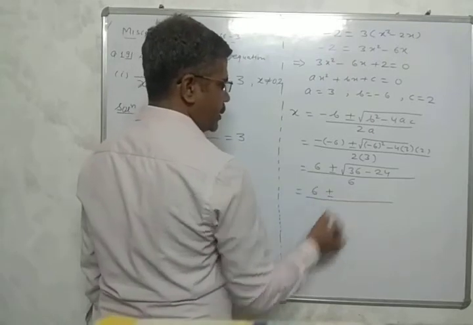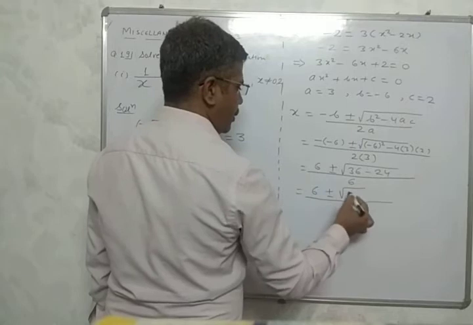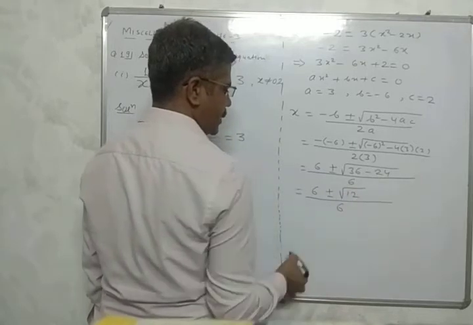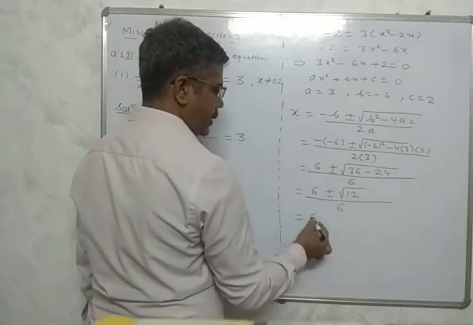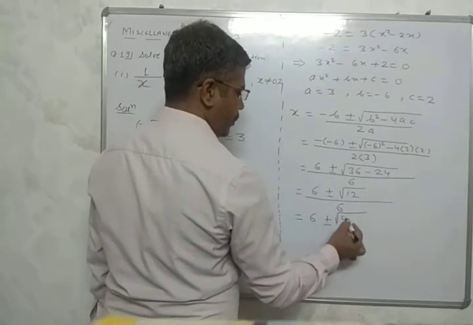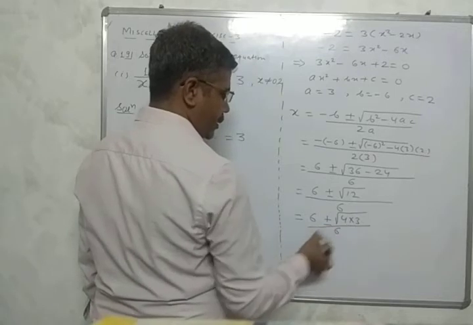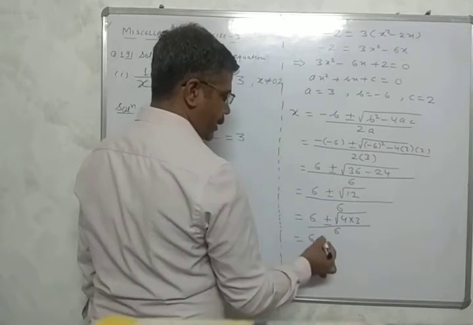6 plus minus, if we subtract, we have 12 upon 6. Again 6 plus minus, we write in form of 4 into 3. We know that square root of 4 is 2.